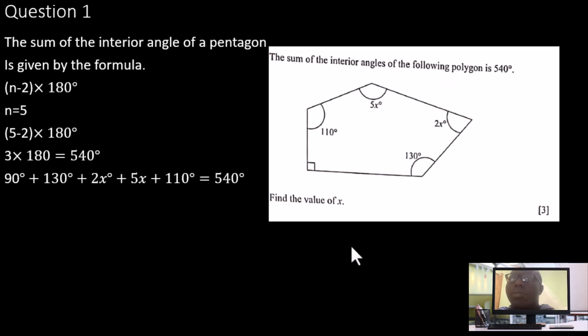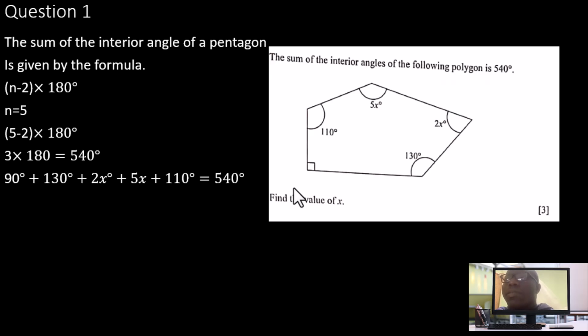Then we are going to work out the value of x by adding everything. Here there is a 90 degrees angle, so plus 150 degrees plus 2x plus 5x plus 110, which equals 540.